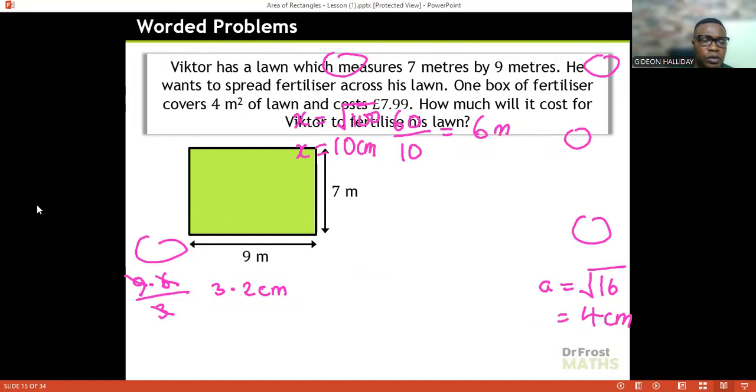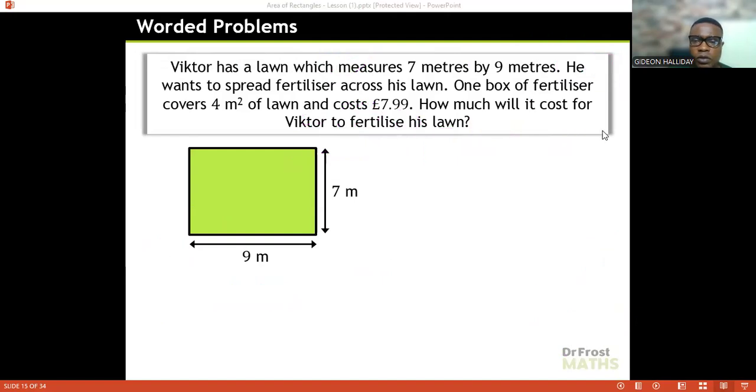Here's a problem I need us to solve quickly. Victor has a lawn which measures 7 meters by 9 meters, as you can see in the picture. He wants to spread fertilizer across his lawn.